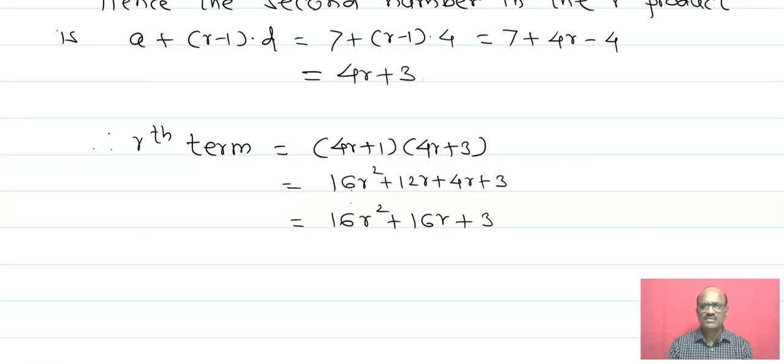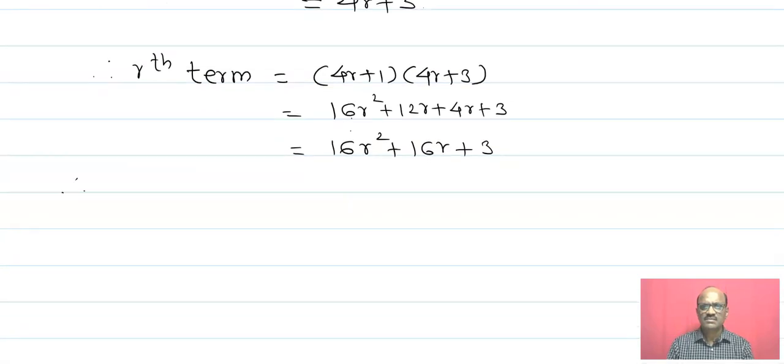Therefore, overall it is written like this: 5 into 7 plus 9 into 11 plus 13 into 15.